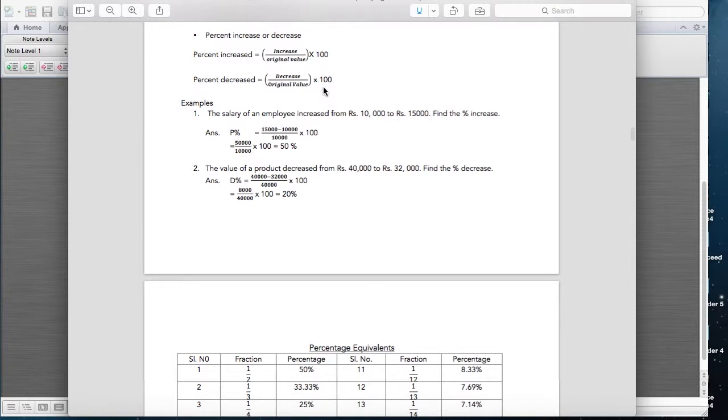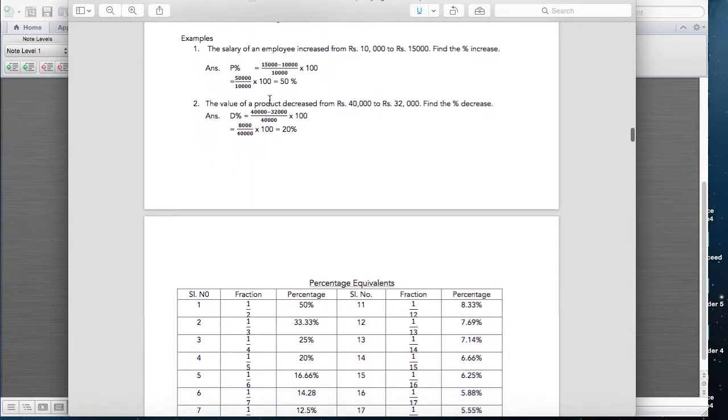Let's come to percent increase or decrease. If we have to find the percent increase, we'll use the formula increase upon original value into 100, or the formula used earlier was difference upon reference into 100. For percent decrease, the formula will be decrease upon original value into 100.